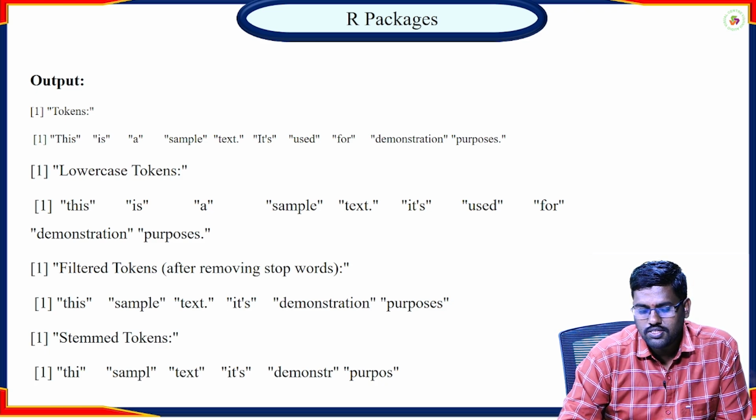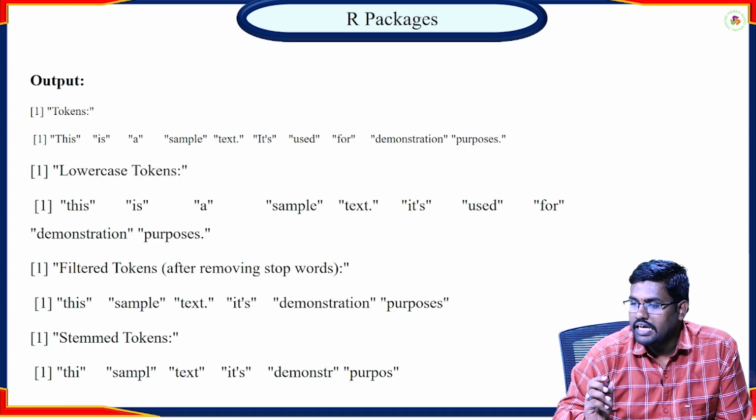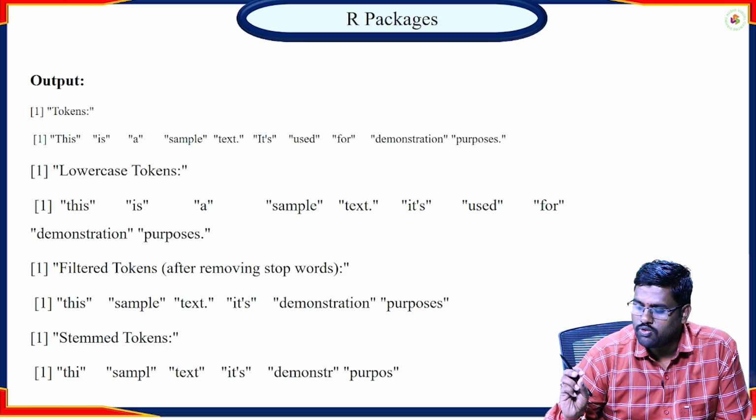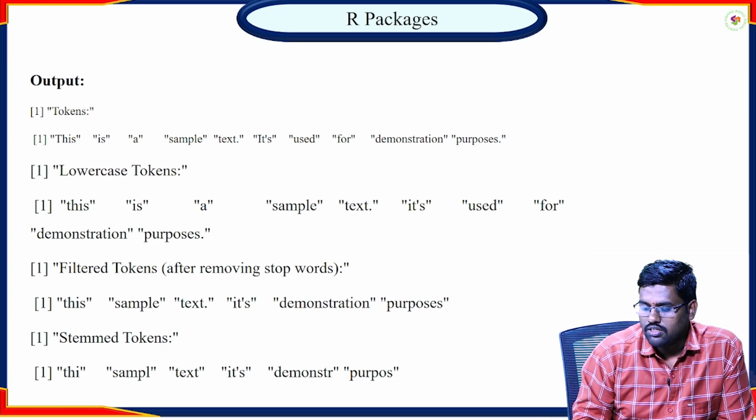So stemmed tokens means if the given word ends with s, e, and so on, those endings are removed. That means a, e, i, o, u, whenever a word has such an ending with the particular statement, those attached endings are deleted from the structure.